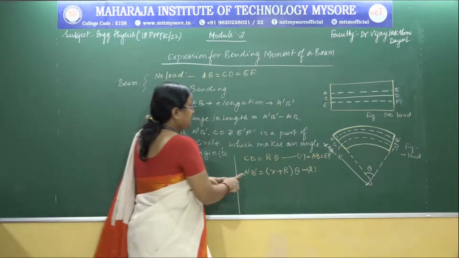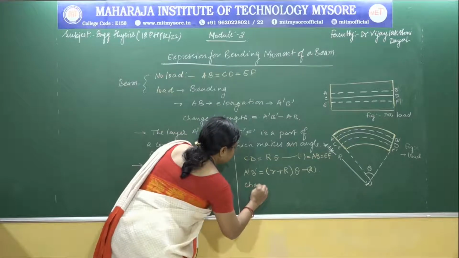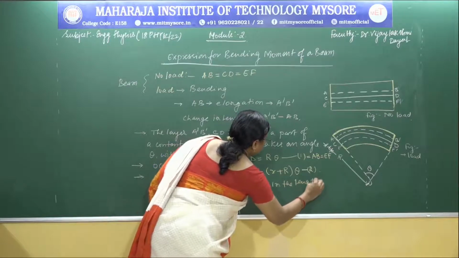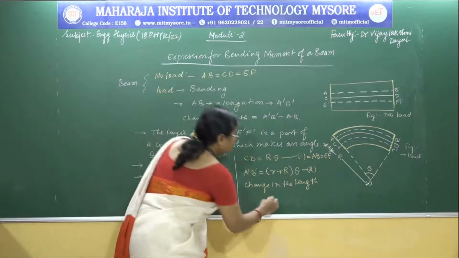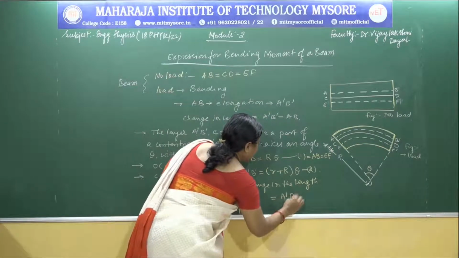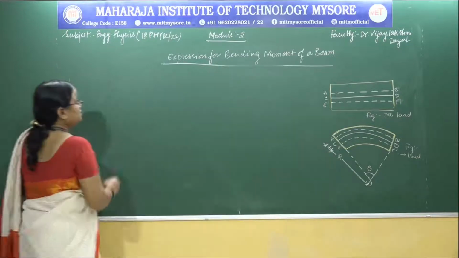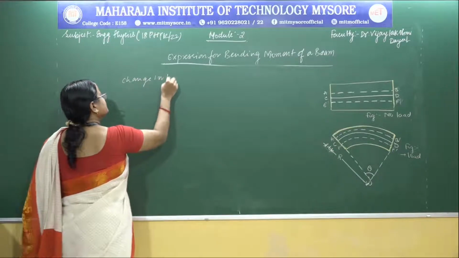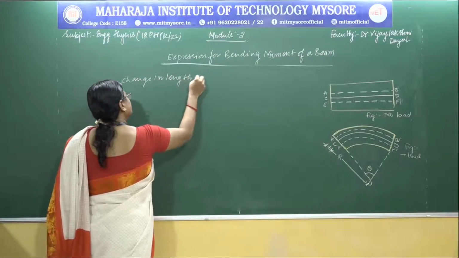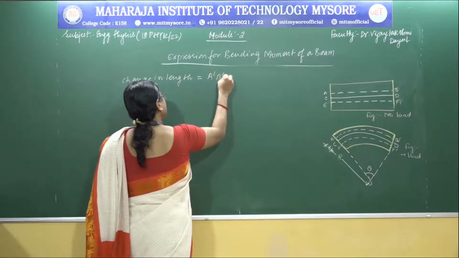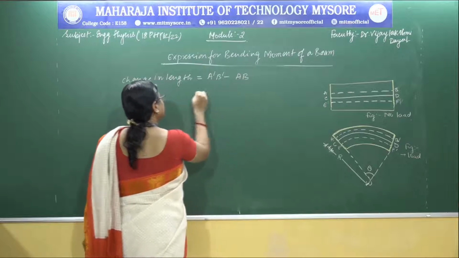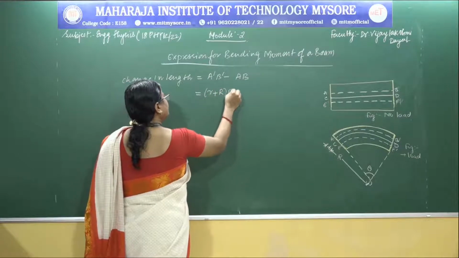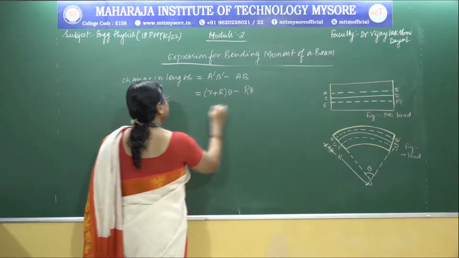So the change in length due to the bending will be equal to A'B' minus AB. If we try to find the change in length, this is equal to A'B' minus AB. This will be equal to (R plus r) into theta minus R theta.